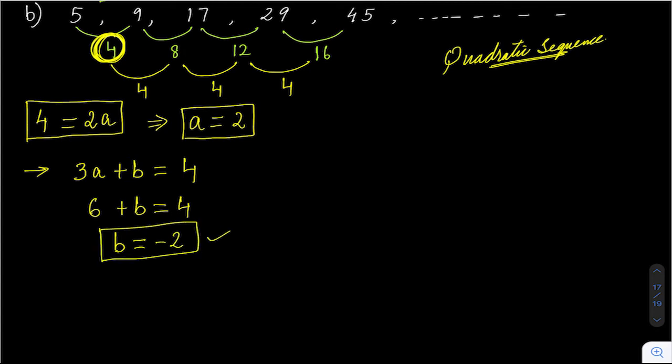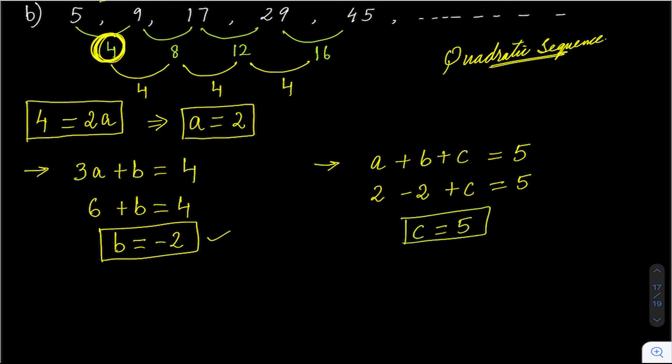Done. Next, c. It says a plus b plus c is my first term of the sequence. So a plus b plus c is my first term, that is 5. What is a? a is 2, b is minus 2, plus c is equal to 5. So from this, we are getting c as 5. I think it's easy.